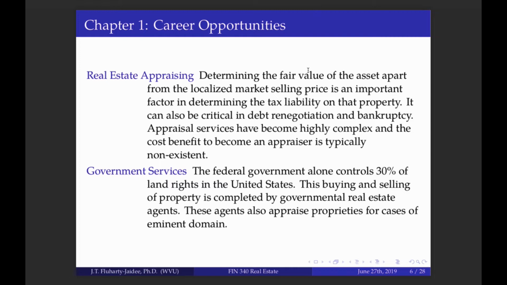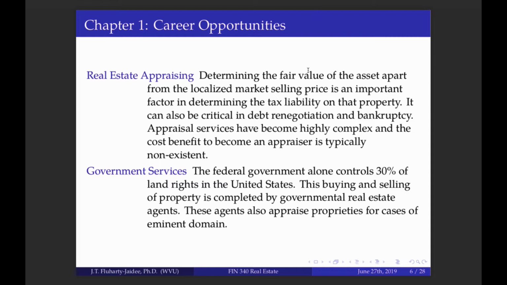Also, after somebody has purchased a house 30 years ago, and the house becomes reappraised, they may have purchased the house for $100,000, but since it was 30 years ago, the house is now worth $300,000, and their property taxes are increased significantly. In many cases, they cannot afford to live in the house any longer, and they must sell. So real estate appraising has become a very complicated business because of its attachment to taxes.